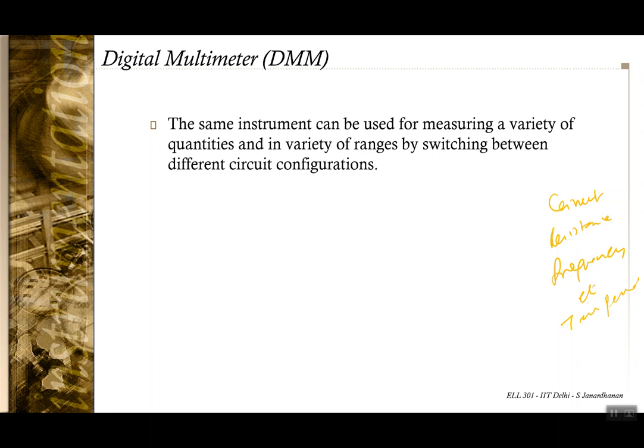In a digital multimeter, you also have circuits that measure capacitance. However, in this lecture we would concentrate only on the extensions to current and resistance, that is, as an ammeter or as an ohmmeter.